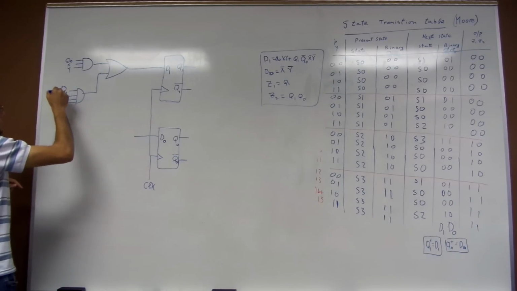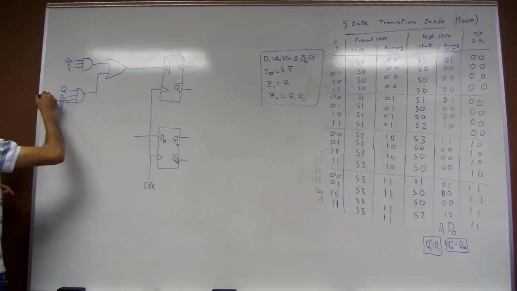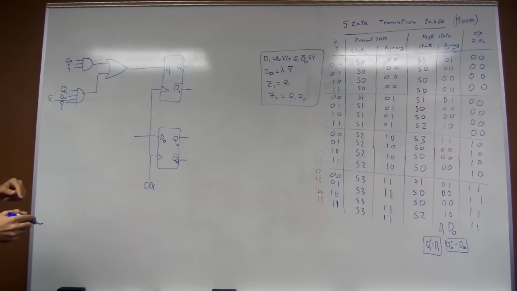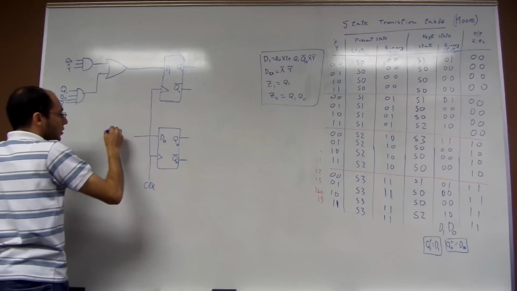Q1, Q0 bar, X, Y. This is X bar and Y bar. Similarly, we have D0 is equal to ANDing between 2 things.